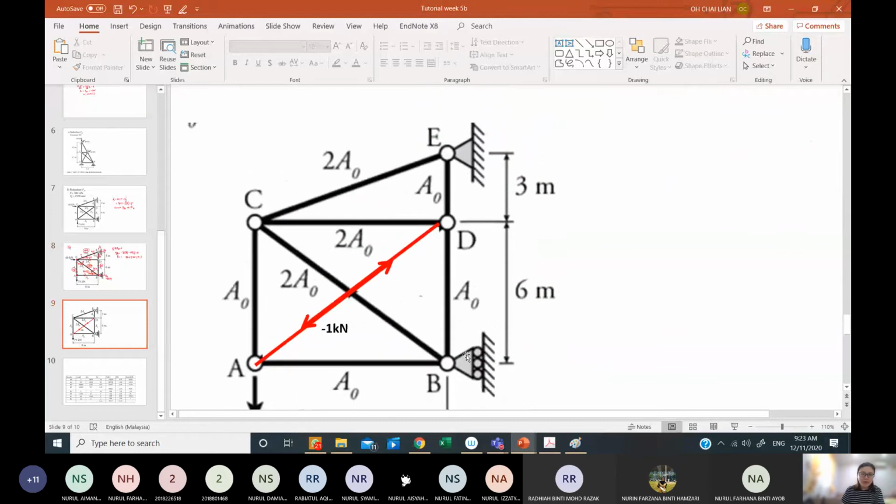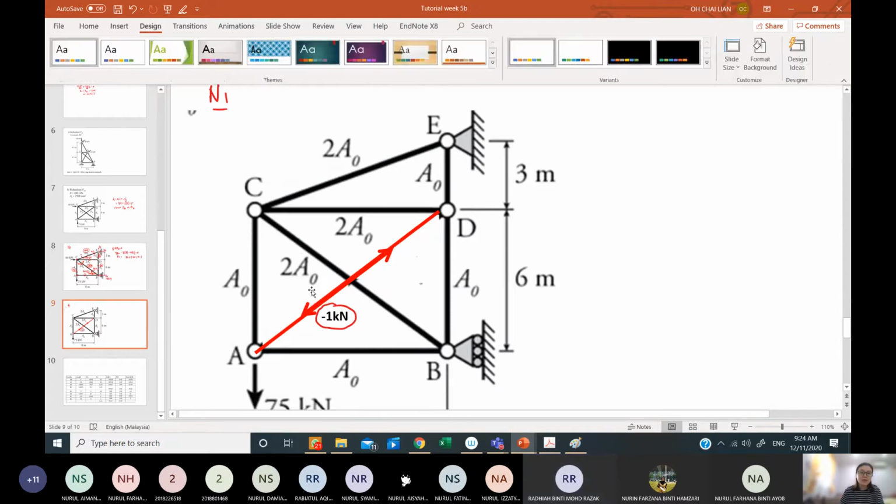So now this is N1, where I apply back this 1 kilonewton, but now I already have my arrows in compression. So I will just continue with this. You can put it in tension, no problem. Now I can resolve this 1 kilonewton into horizontal and vertical components.